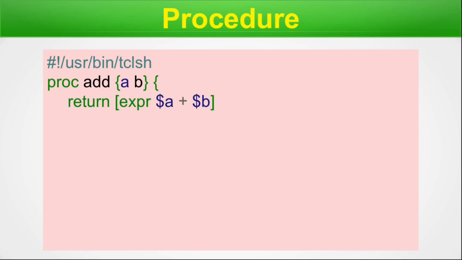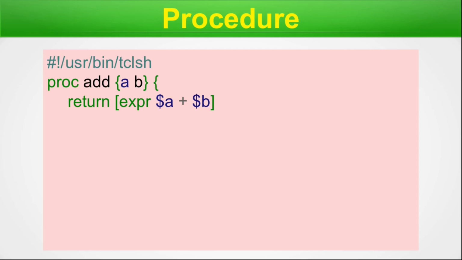So here we are starting our script with the hashbang line and we are writing a procedure. How do I write a procedure? The proc command comes first, then the name of the proc, and then within the curly bracket I put the arguments. Here I have used 2 arguments, A and B, and then we begin. So here what will happen? It will return, because in the square bracket I am executing another command, expr.